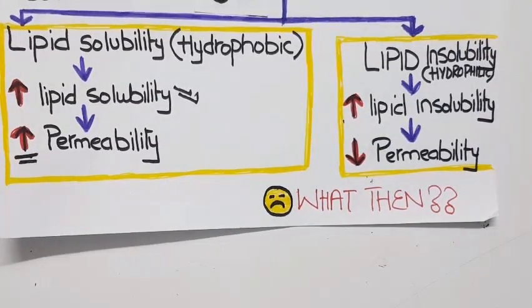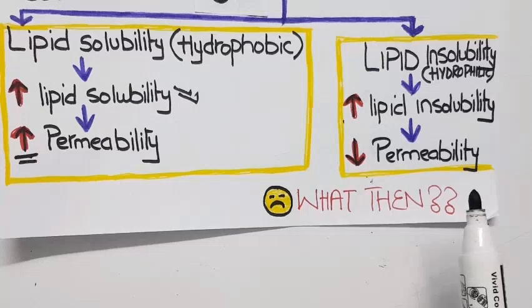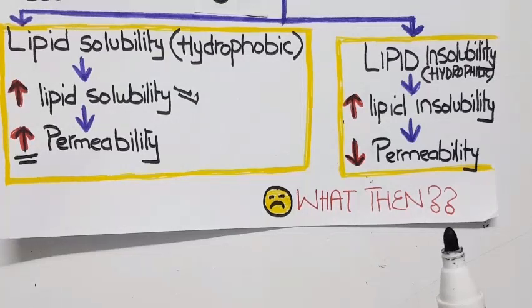Since lipid insoluble substances have low permeability, what are the factors that affect their passage or transport across the membrane? We know that hydrophilic substances are transported through pores and through water channels. But what will be the factors that will affect the transport of these hydrophilic molecules or ions that have charge on them?